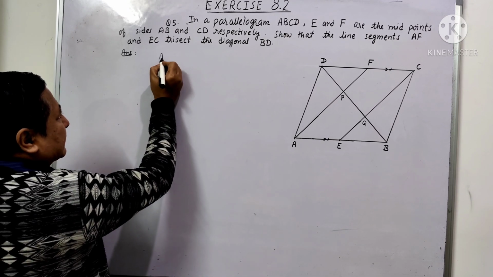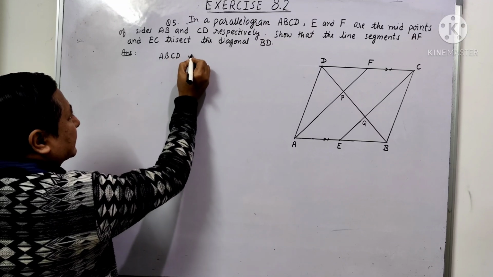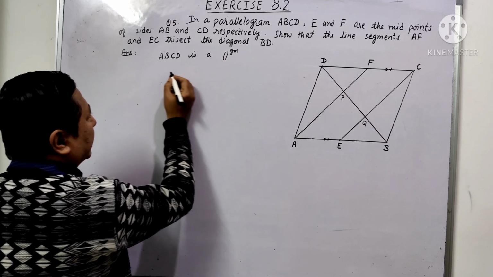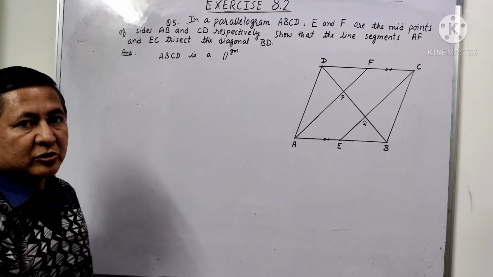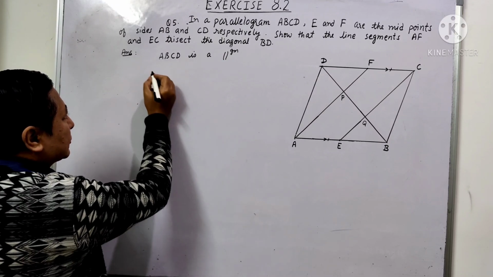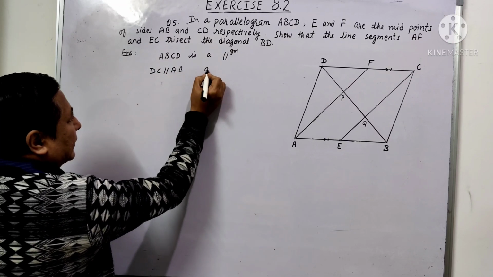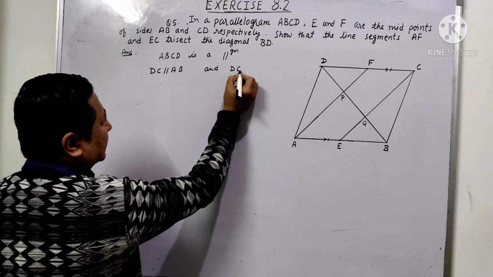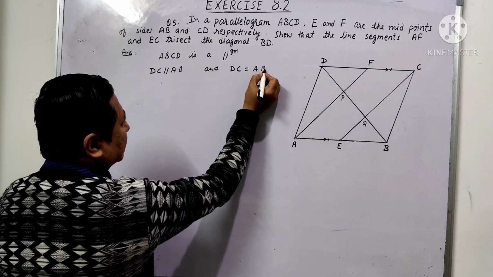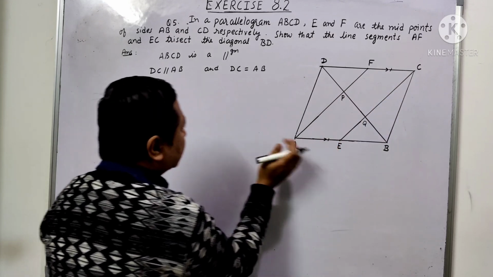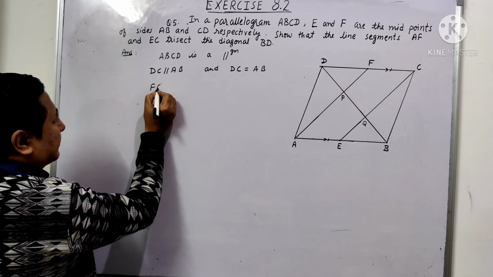Now in the question it is given that ABCD is a parallelogram, and we know that the opposite sides of a parallelogram are equal and parallel. So DC is parallel to AB and DC is equal to AB. So a part of a parallel line, that is FC and AE, will also be parallel.